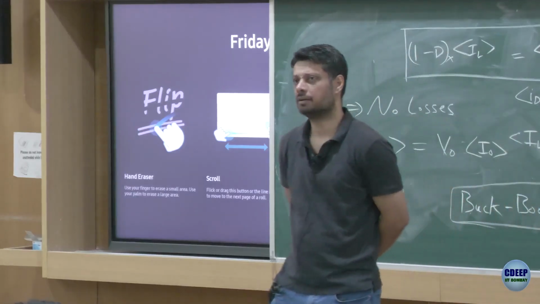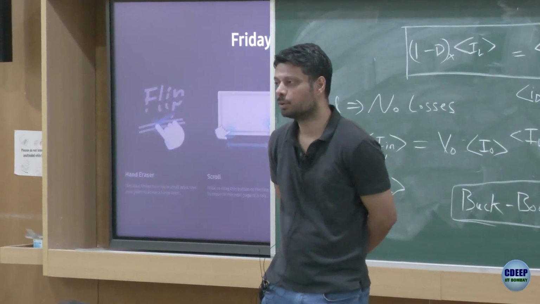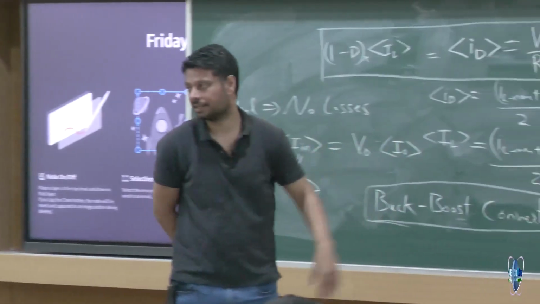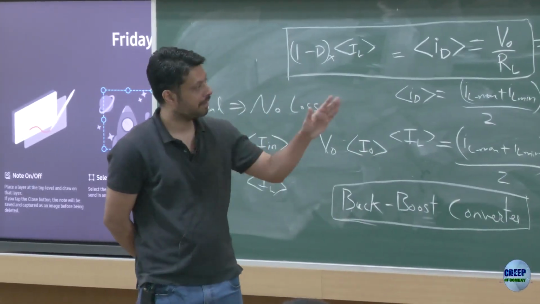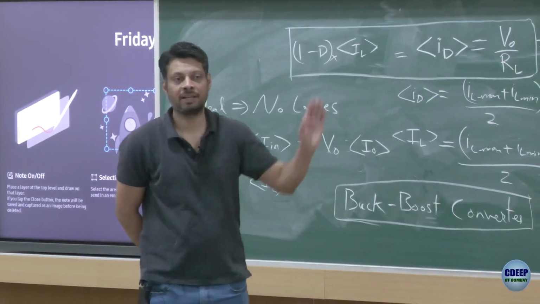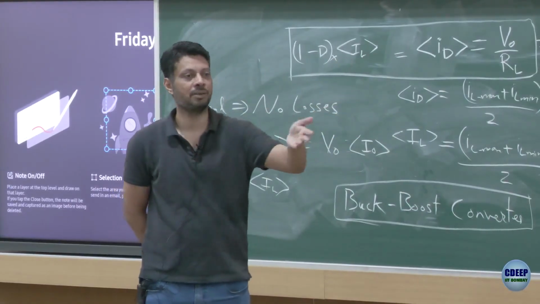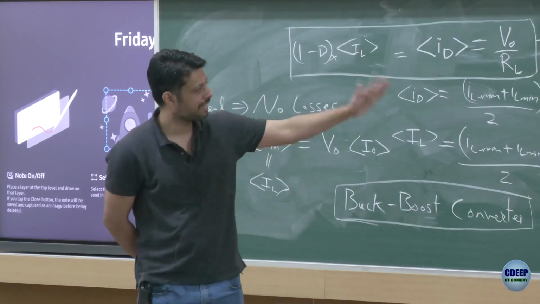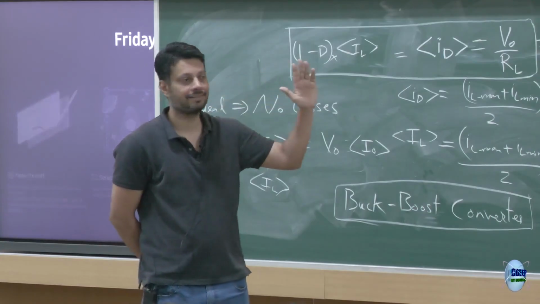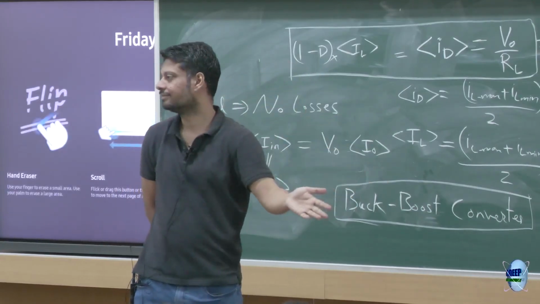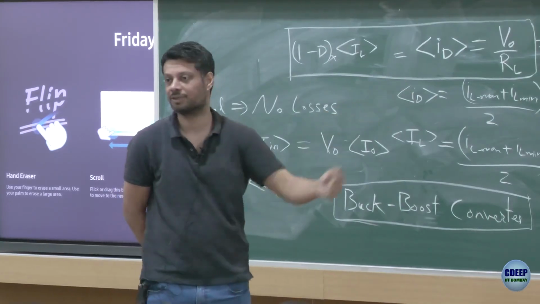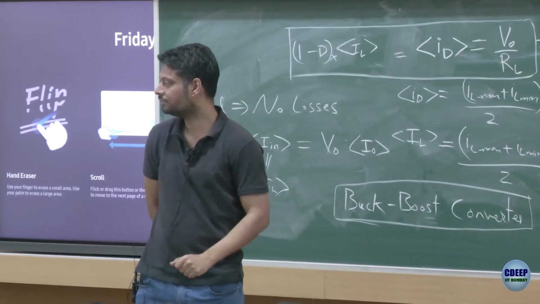Right. I'll not go into too much detail in this course, but if you honestly ask me, looking at this circuit, could you have predicted this would have been a boost converter? Anyone, without writing these equations, without me telling you, could you have just looked at this converter and said that this is a boost converter? Or at least not the name, but you could have said the output voltage is more than the input average voltage. Anyone?